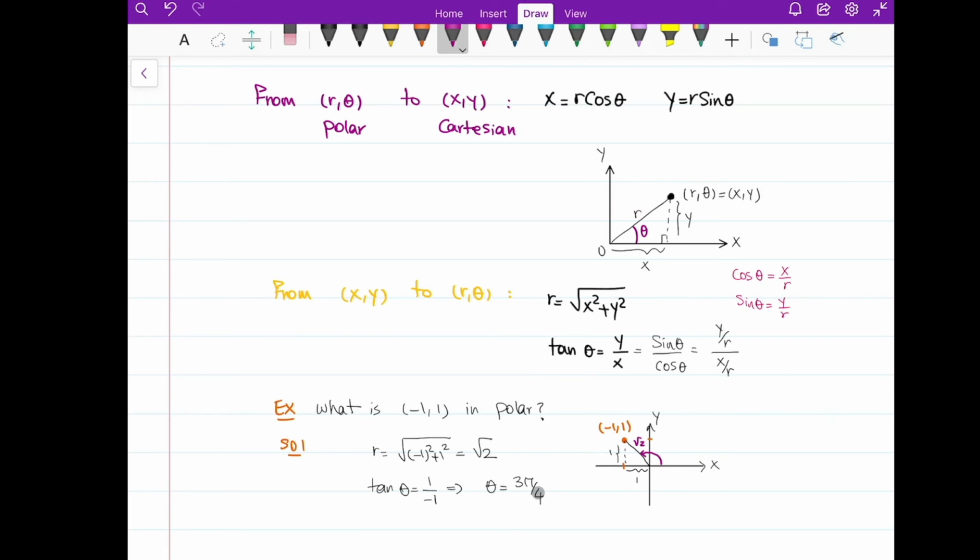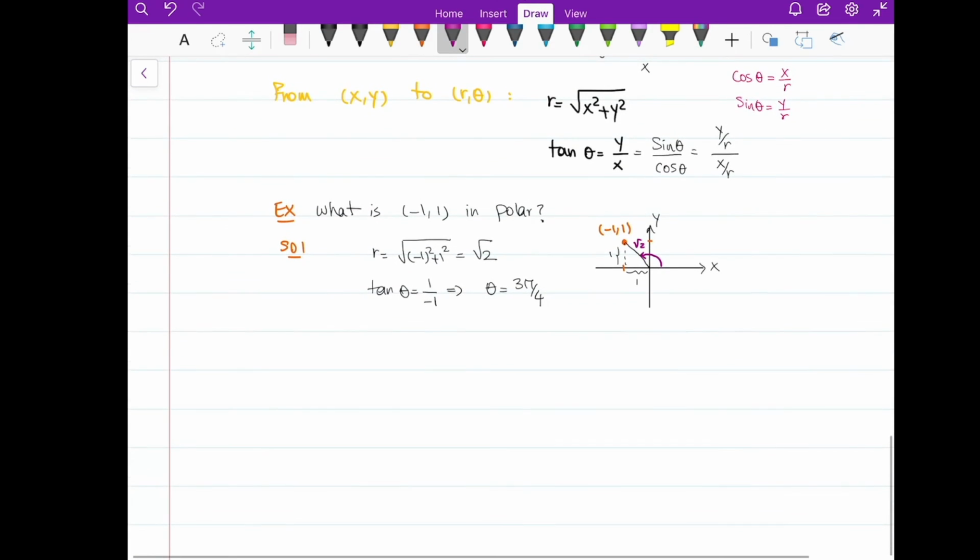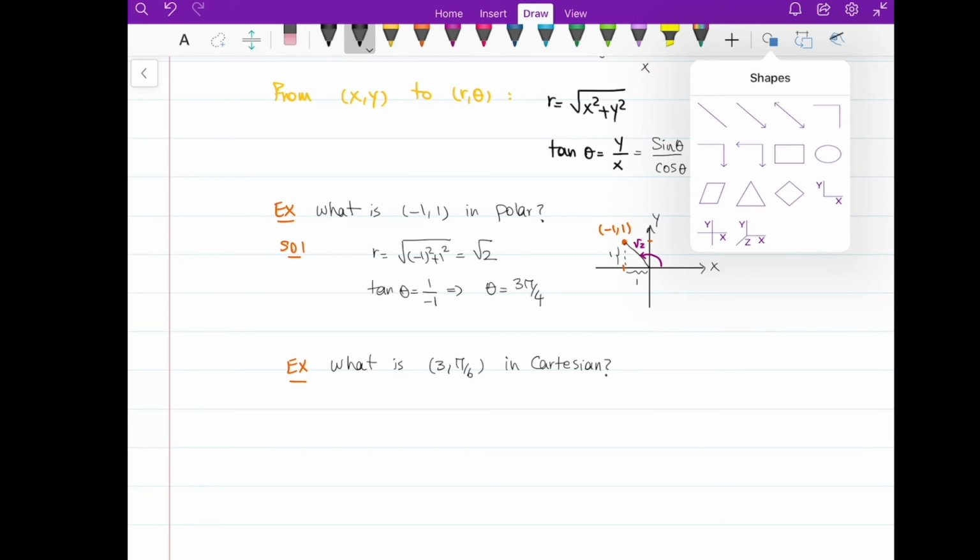Okay, the next example. What is 3 and pi over 6 in Cartesian? So where's the point?